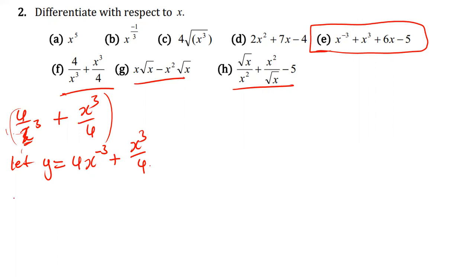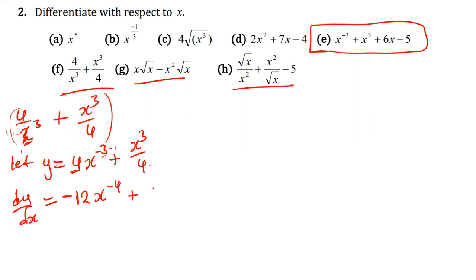So differentiating this, or finding dy dx of this question, is simply going to be negative 3 times 4. When we multiply the power negative 3 times this 4 here, we're going to get negative 12. Then we get x there. Then negative 3 minus 1 will give us negative 4.